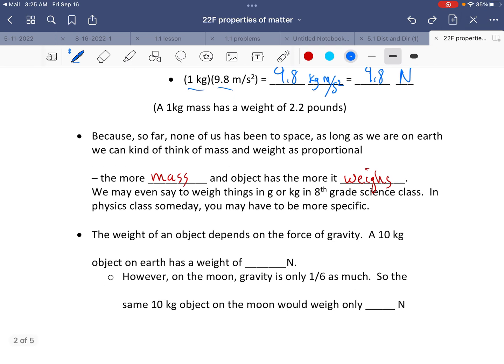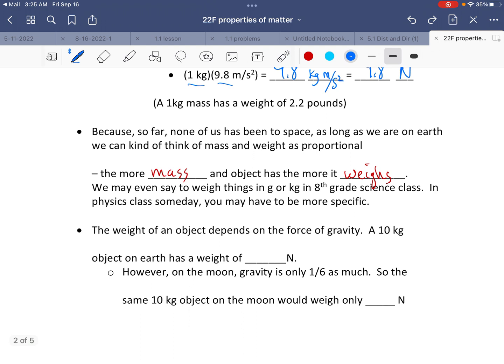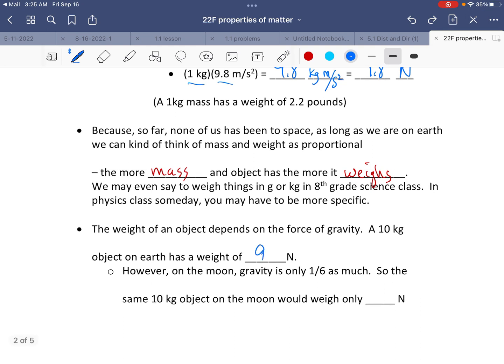The weight of an object depends on the force of gravity. A 10 kilogram object on Earth has a weight of 10 kilograms times 9.8, which would be 98 newtons.